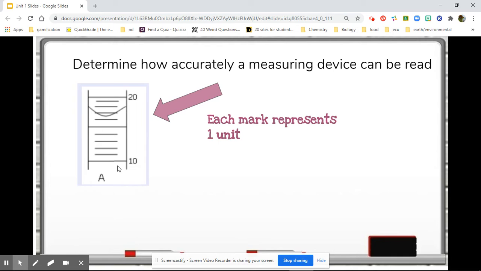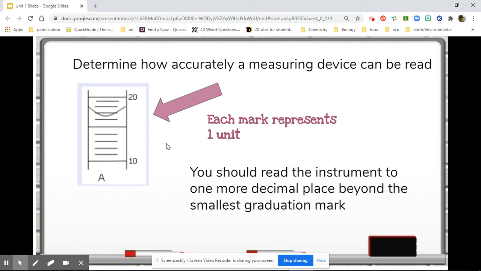It's really important to check that out before you start using your measuring device, so you make sure you get the number right. You can see here we have 10 and 20, which are marked, and then the unmarked ones 11, 12, 13, 14, 15, and so on, right?